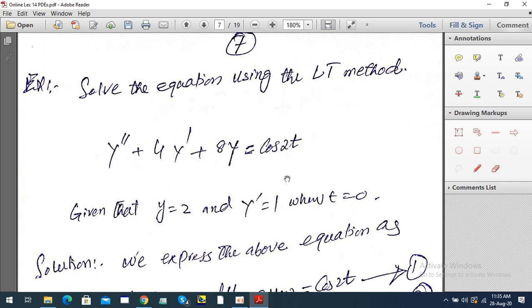Look at this one. If you recall your memory and go back to your ordinary differential equation course, if you have this equation d square y by dt square plus 4 dy by dt plus 8y is equal to cos 2t, you have to apply the undetermined coefficients method, because cos comes in that category. So you have to find yc plus yp.